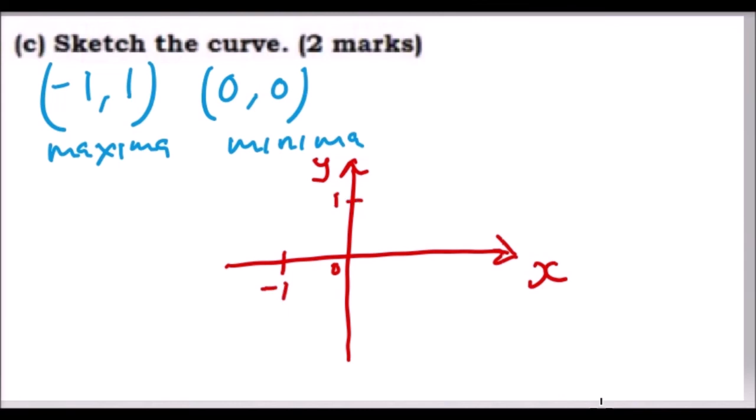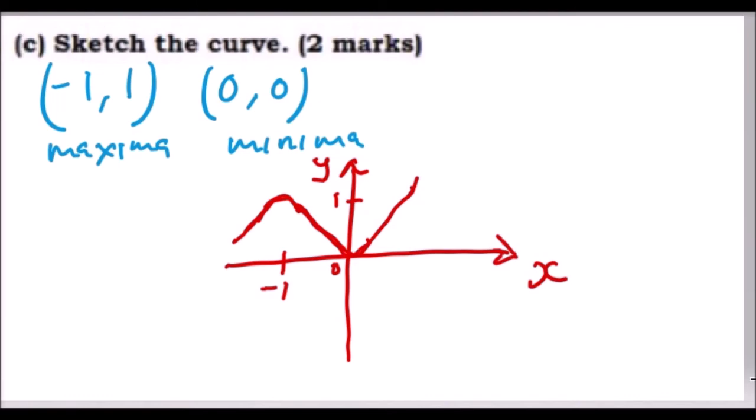So one of the turning points is there, and the other one is at 0, 0. So if you combine this, you'll be able to come up with a sketch of that graph. So our graph looks like that, and what is expected here is just to show the shape of the function as a sketch, and there you get yourself 2 marks.